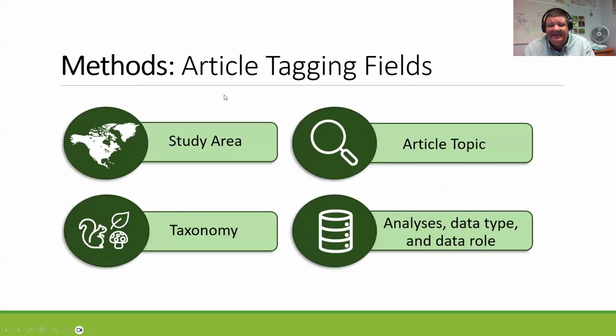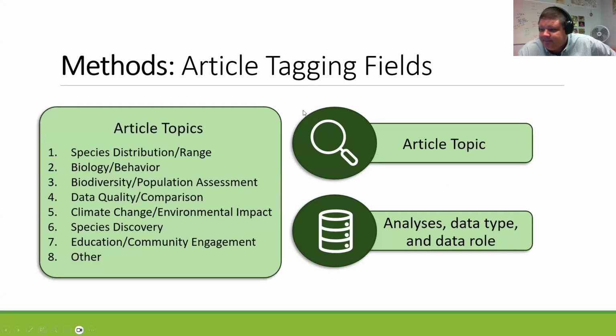And by manually tagged, I mean we extracted this information from them: the study area, topic, taxonomy, and then how the data are being used, what types of analyses, and how much iNaturalist data is being used in the paper. Is it the main data source or is it just a little minor data source? For the article topics, we started out with about 16 of these, and we quickly realized that was going to be way too much work.